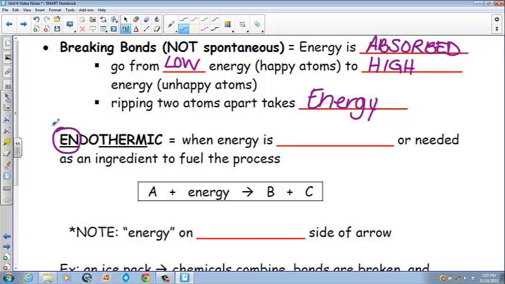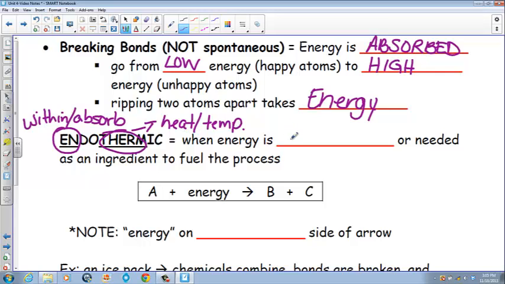Endo means within, or absorb, we can say. And thermic, again, would be heat or temp. Right? So endothermic means that energy is consumed or absorbed or needed as an ingredient to fuel the process.